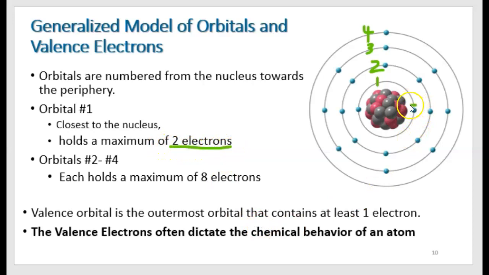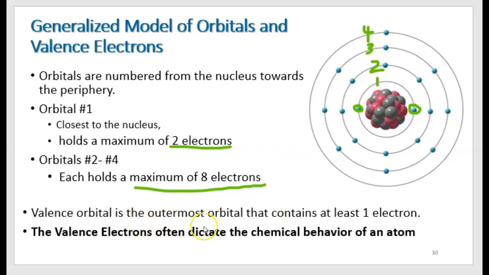And you can see that there are 2 right here. Here's one, and here's the other. All the other orbitals can hold a maximum of 8 electrons. That doesn't mean that every atom has that many electrons, but that's the maximum that orbital, that distance from a nucleus, could hold.